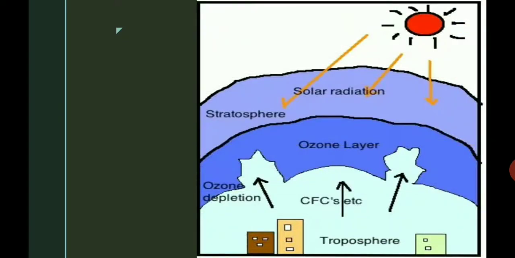Next, look, students, in this picture you can see the sun and solar radiation, meaning the rays that come from the sun. Next is the stratosphere, which is a layer of the atmosphere. Next is the ozone layer, and some gases and layers are there.